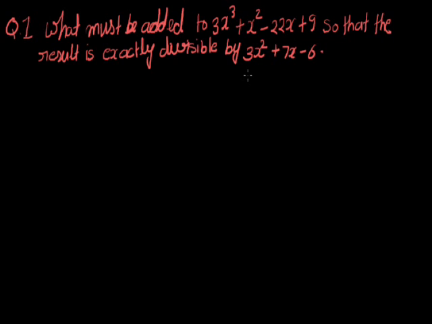That is our question. What must be added to this polynomial so that the result is exactly divisible by 3x square plus 7x minus 6?